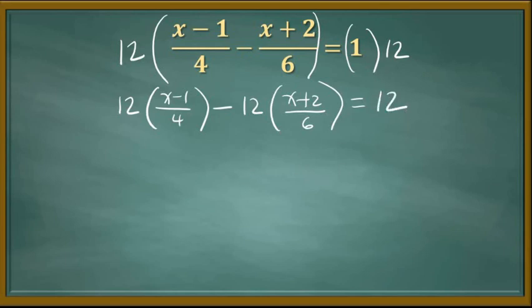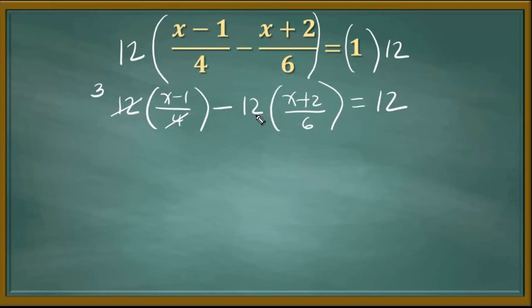Now, note the left side of the equation. This might look a little intimidating, but it's actually not. What we can do first is to try and cancel out common factors. We see 12 here and a 4 at the bottom. Remember how we can cancel out the 4 from those two numbers because 4 is a common factor. So I'm left with the 3 as a multiplier here in the first term.